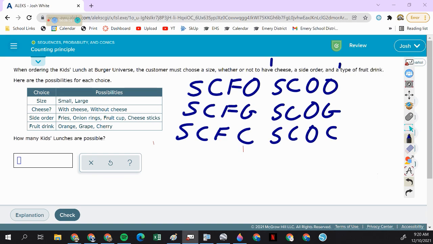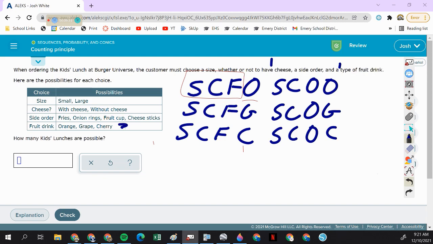So how do we figure it out? How many of these are there going to be? How many SCF blanks are there going to be? 3. Why? There are 3 of those. Right? I don't know that I want to go through all that.